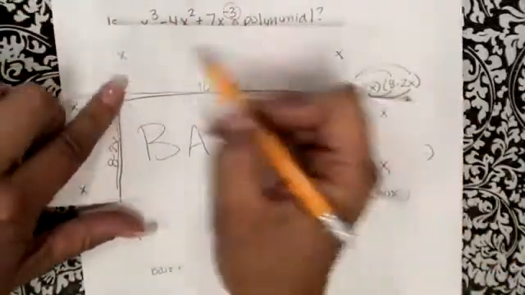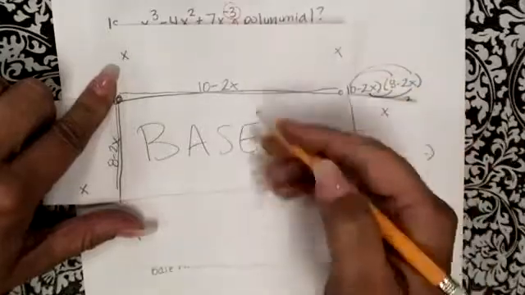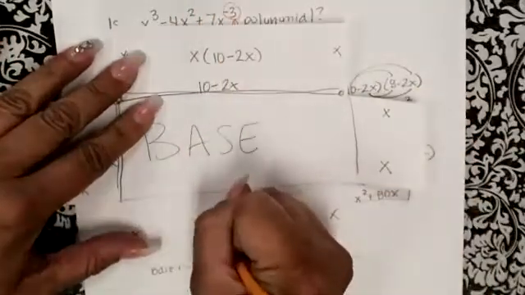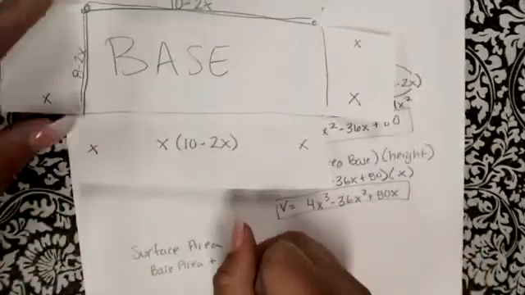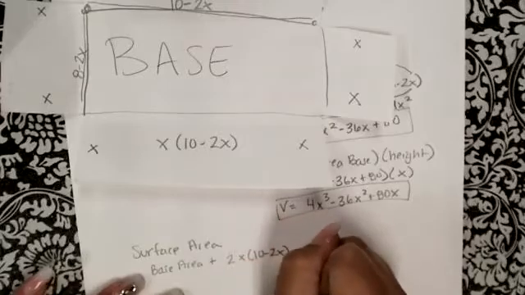Now this one right here is going to be x times 10 minus 2x. So I'm going to have 2 of those, so plus 2x times 10 minus 2x.